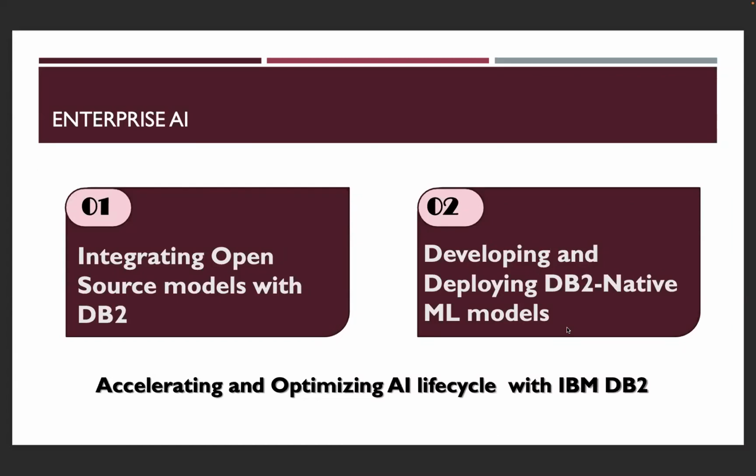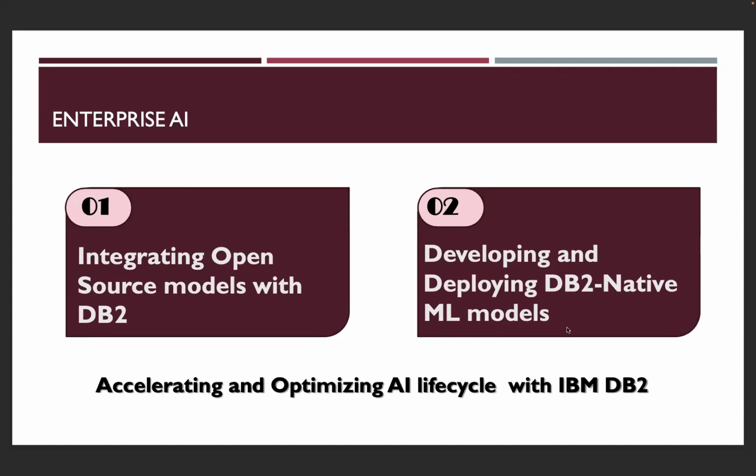The first is to integrate open source models with DB2. As you can see, we have several open source frameworks. If you are familiar with ML and deep learning, you'll know open source frameworks such as sklearn, PyTorch, TensorFlow, Keras, etc. And these frameworks have rich ecosystems to build machine learning models.